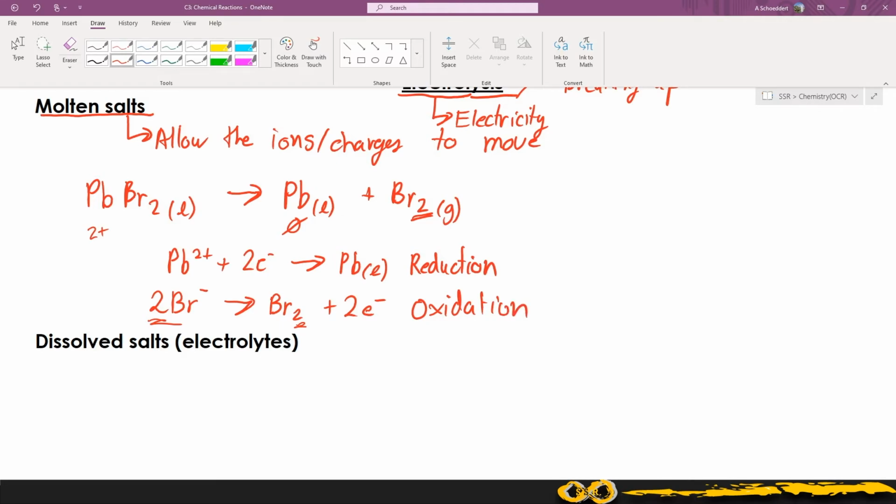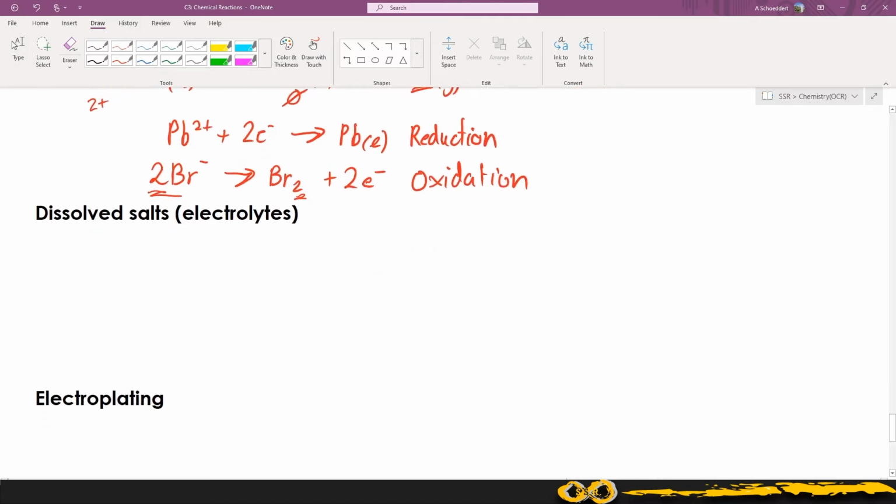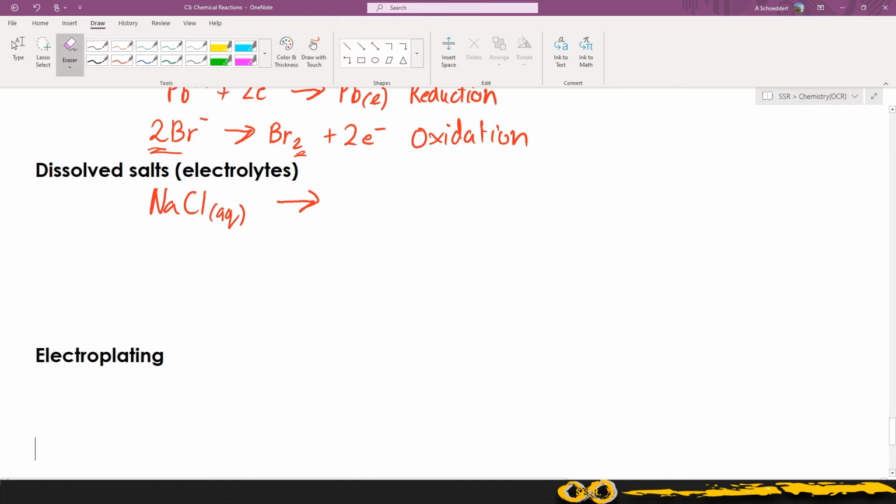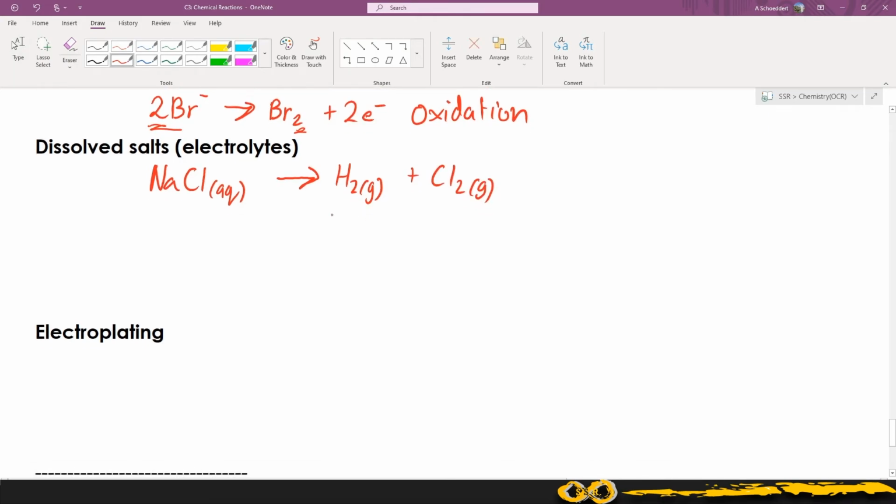We can also do these types of electrolysis reactions with dissolved salts, or electrolytes. A classic example would be the electrolysis of sodium chloride dissolved in water. This reaction will split up to produce hydrogen gas and chlorine gas. Now you're probably wondering, well, how did the hydrogen get in there?